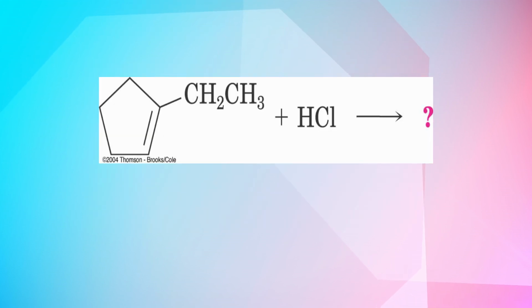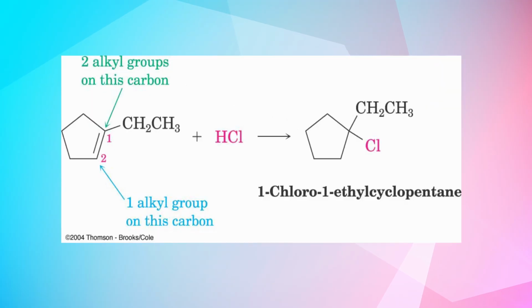Now in this case, we've taken an example of 1-ethylcyclohexene and carried out the reaction with HCl. Again the question is, where will HCl go? Whether Cl will go to the carbon which is attached to an ethyl group on one side and to another carbon on the other side, or to the carbon which is attached to CH and then to another ring carbon.